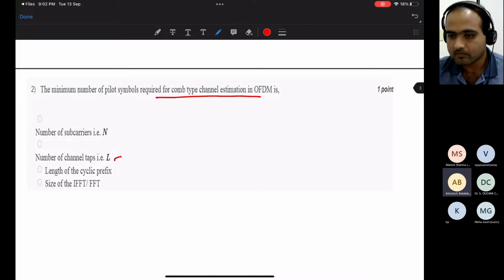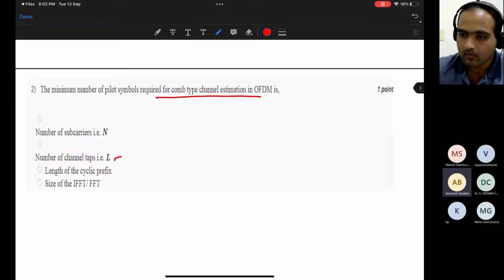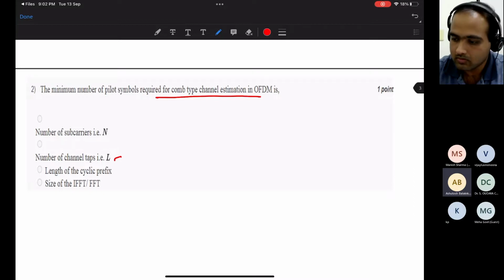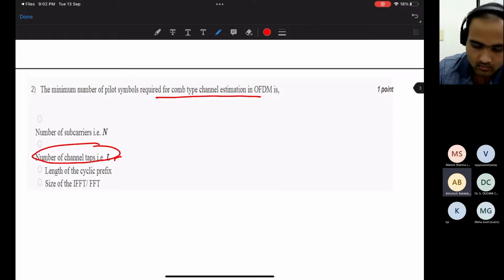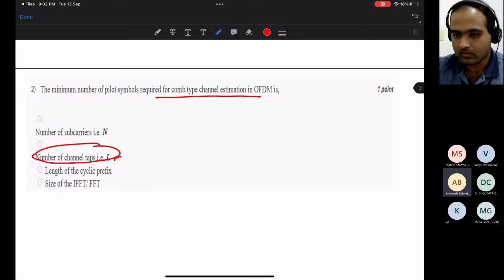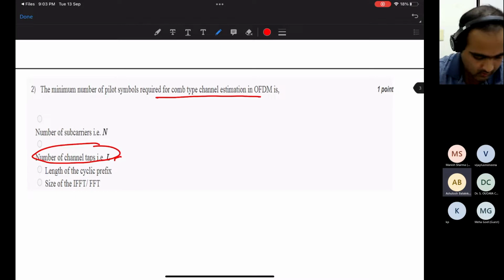Some other answer? So again, you are correct. The minimum number of pilot symbols required is the number of channel taps. If anyone is having confusion, you can just ask anytime.